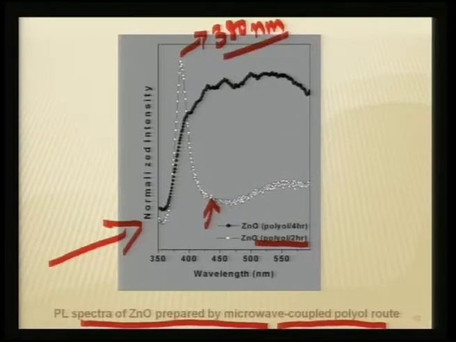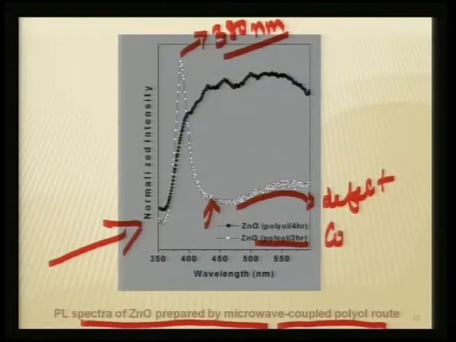And one should also notice that there is a small hump coming here, and this hump is actually attributed to defect concentration, while the peak is attributed to band emission.